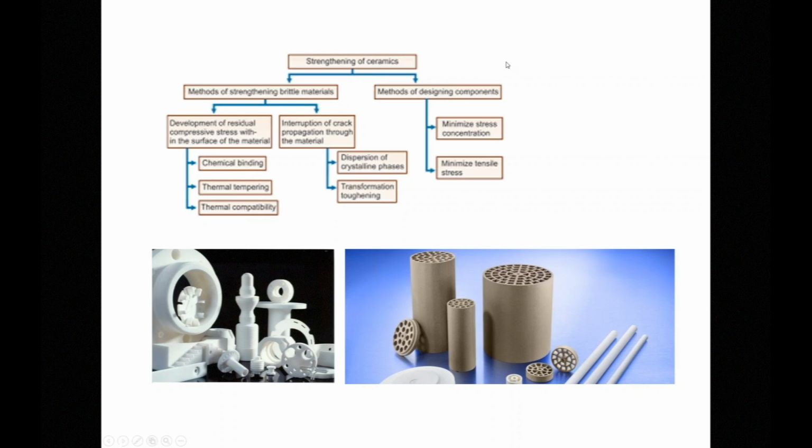Here, this chart might be useful. Several ways that they tend to strengthen ceramic properties. This could be addressing the brittleness of the material because of the high crystallinity, or designing components that minimize residual stresses, or based on tensile strength control. And a lot of this is actually done by the composition as well, and also during the heat treatment.